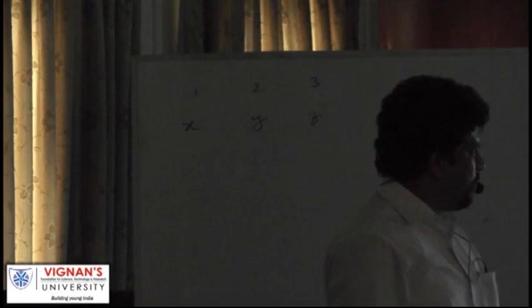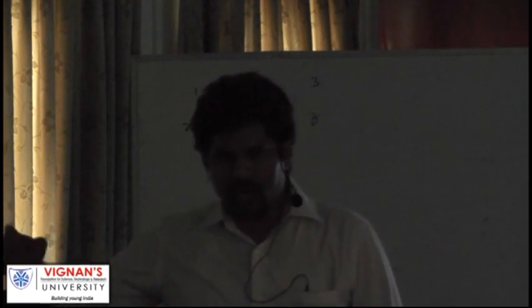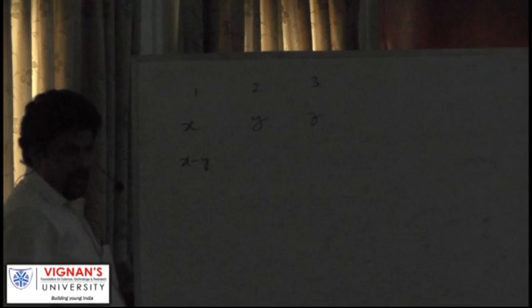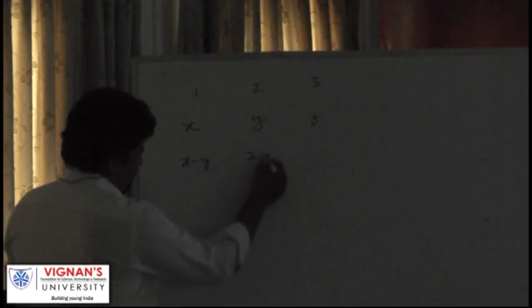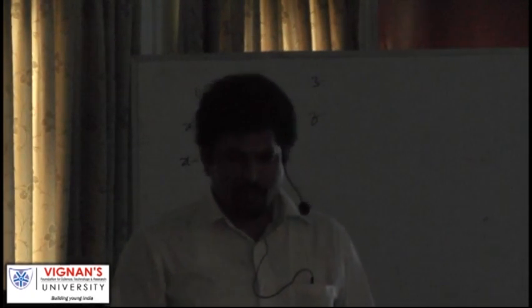As many marbles as there are in the second heap. How many are there in the second? y. That many are taken from the first heap, added to the second heap. So how many are we taking from the first heap? y. So how many are remaining? x minus y. We have taken y and we are adding this to the second heap, 2y. It means indirectly we are doubling the second heap.